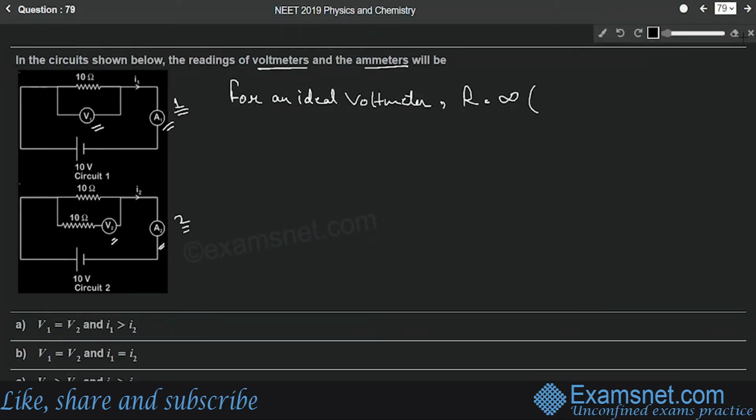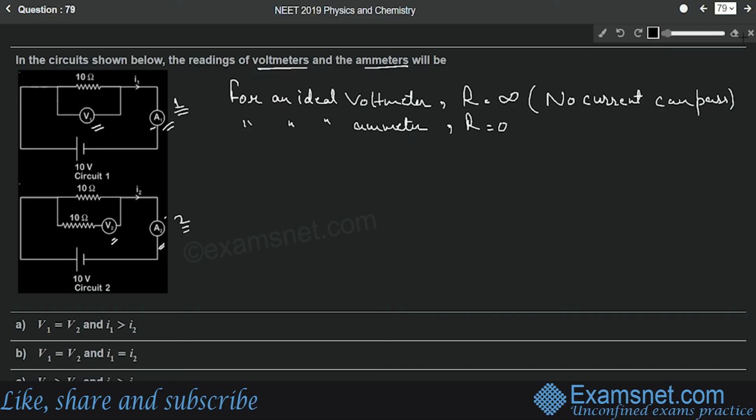And what does this mean? It means that no current will be able to pass through this voltmeter. Similarly, for an ideal ammeter, the resistance is 0. That means all the current will be able to pass through the ammeters A1 and A2. Now what is the difference between the first circuit and the second circuit?